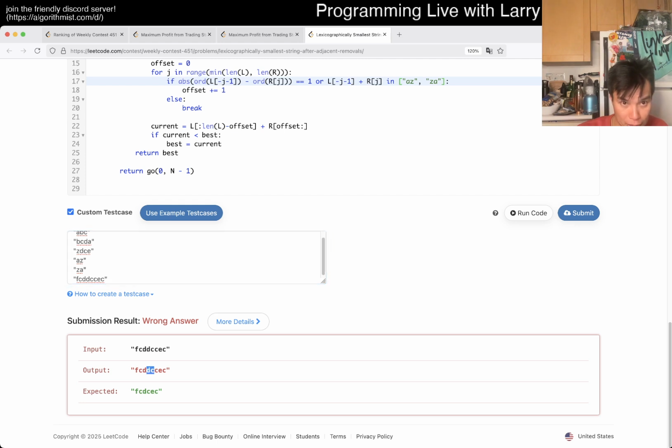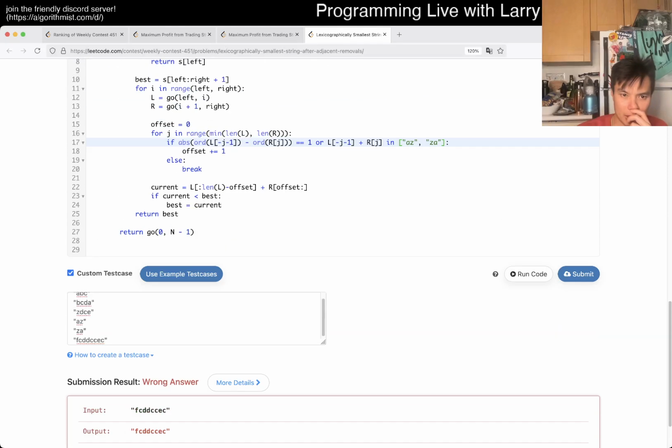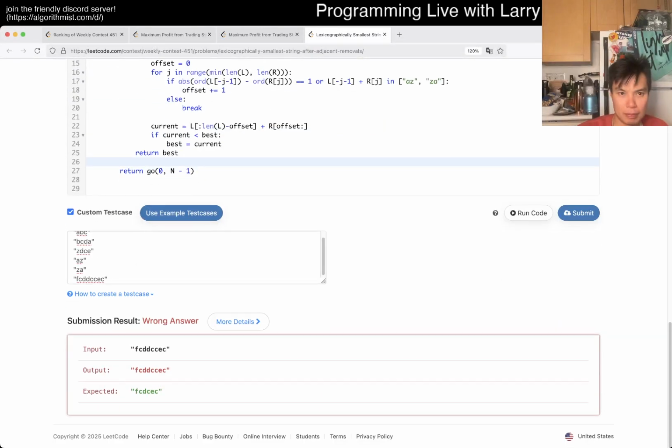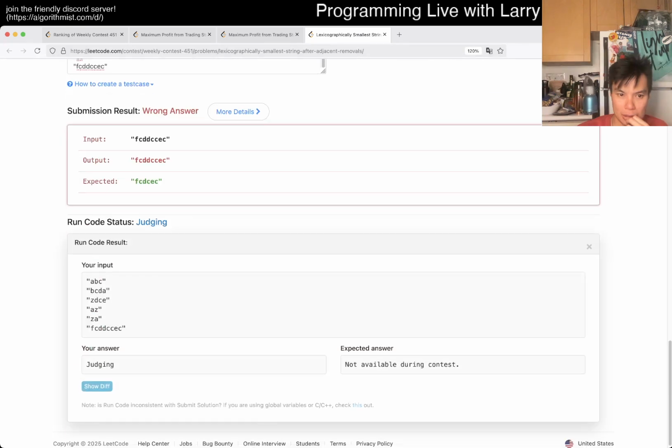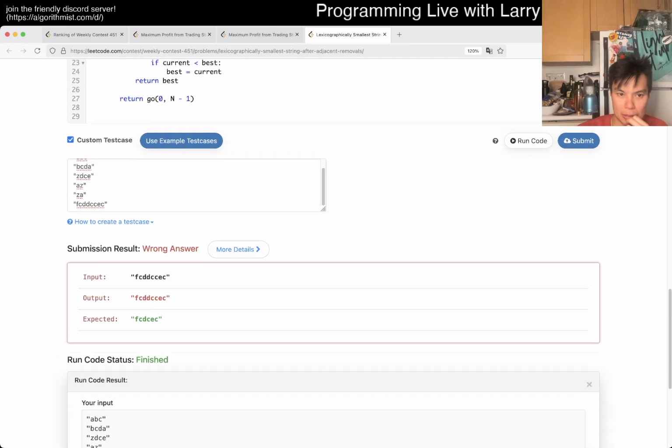Oh, because removing it is no, but that's weird. Oh, no. Okay, I don't remove this. Okay, so that's good, in a way. That's actually surprising. So I should remove that.